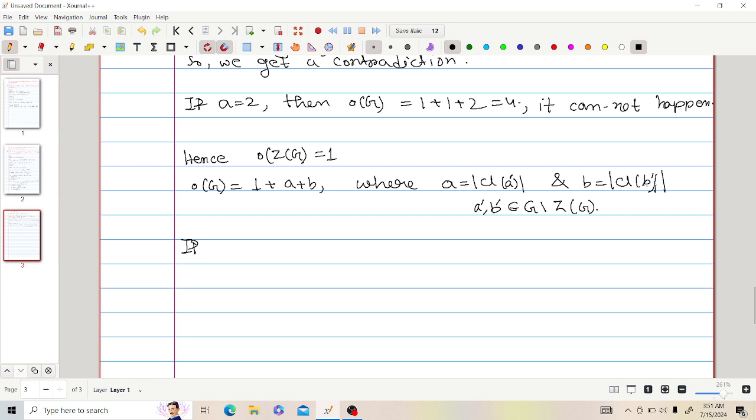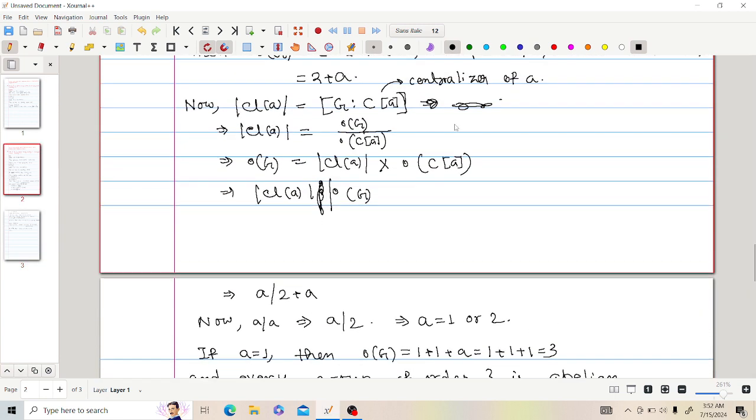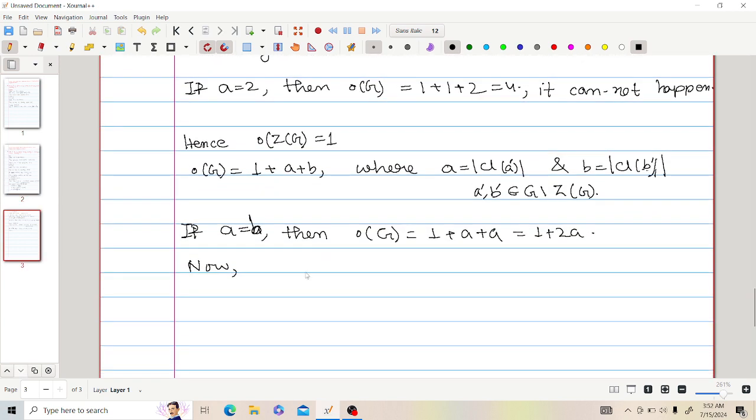Now if this A is equal to B, then what is the class equation? Class equation is 1 plus A plus A, this is equal to 1 plus 2A. Again by the previous discussion, A divides order of G, and order of G is 1 plus 2A.